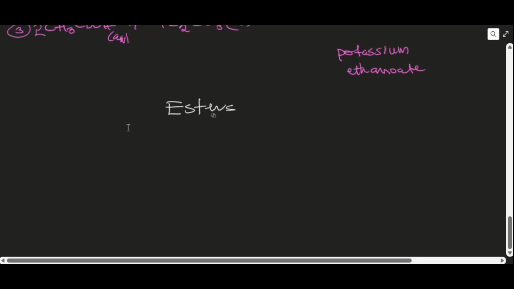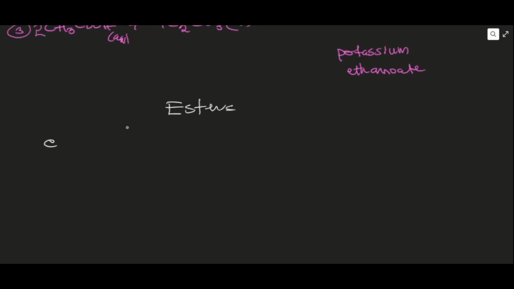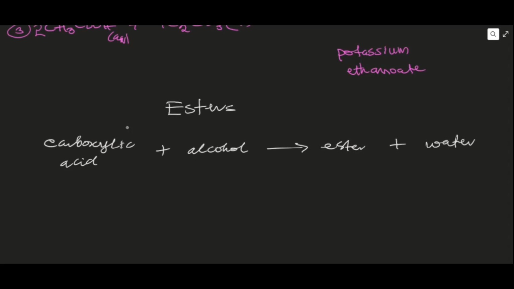They are reacting with alcohol to give us something else. So whenever carboxylic acid reacts with alcohol, they will give us ester and then water. So this one will make your life easy. Just like when carboxylic acid reacts with a base, it gives salt and water.